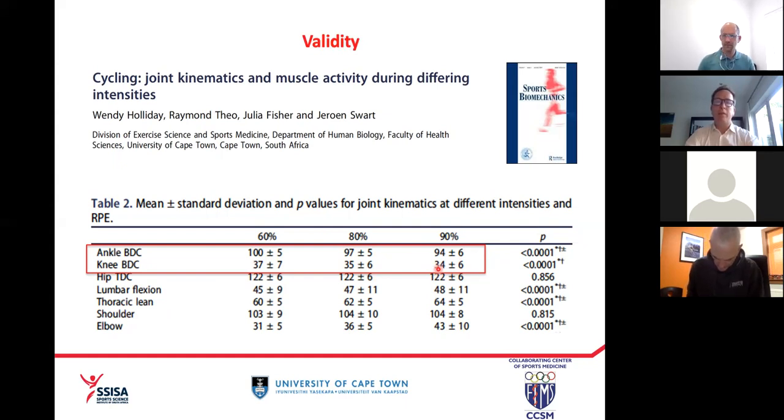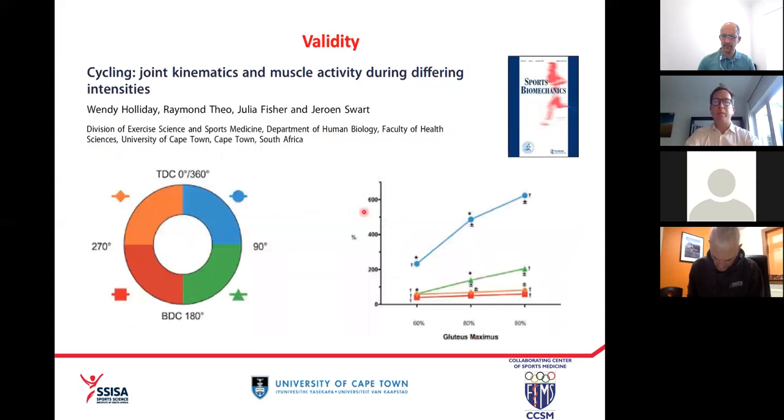Well, what is driving this? From that same data, we measured EMG activity, and this is the EMG activity at different quadrants. So this is the hip extension, knee extension phase, as well as the blue and green segments. And what we can see is that during that increase in intensity, to increase the workload, the force and the muscle activity applied from gluteus maximus increases progressively.